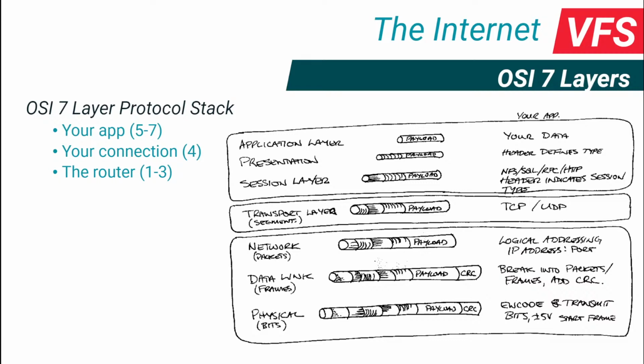So if you can picture your data, a chunk of information you want to send from your computer to another one, that's your application layer. That's your data. We're just going to call that the payload. That's the collection of bytes we want to send. We then pass that into a presentation layer, and in this case, we add a header.